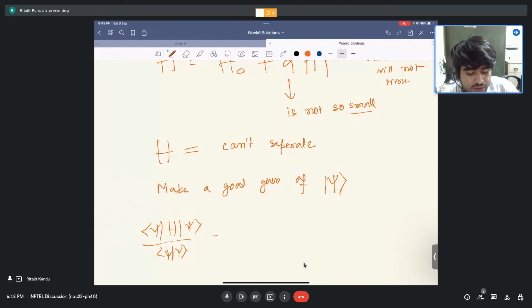This will give you some energy, and let's say there are some parameters alpha. You calculate the derivative with respect to alpha, and find for which alpha it minimizes the energy. So this is the gist of the variational principle. Here I do not need any H naught, I am not doing any perturbations, but I have to come up with a very good guess of the state.